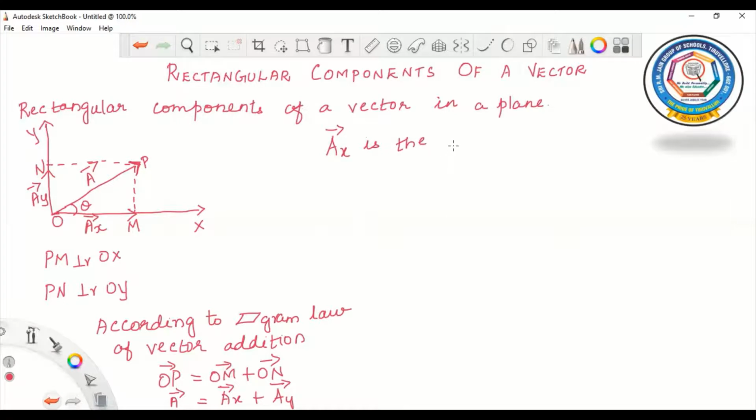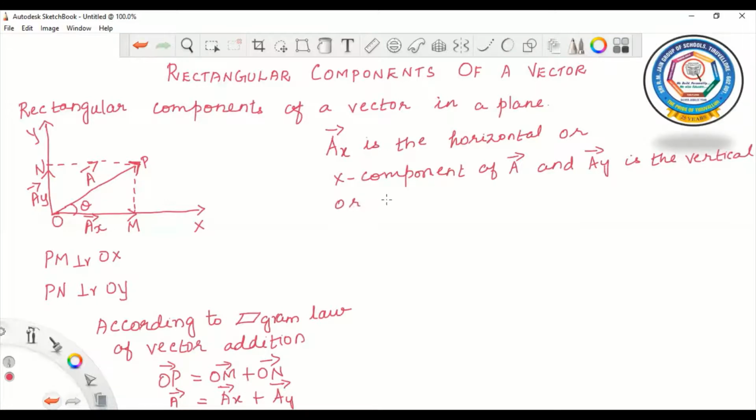This AX vector is the horizontal or X component of A vector, and similarly AY is the vertical or Y component of A vector.